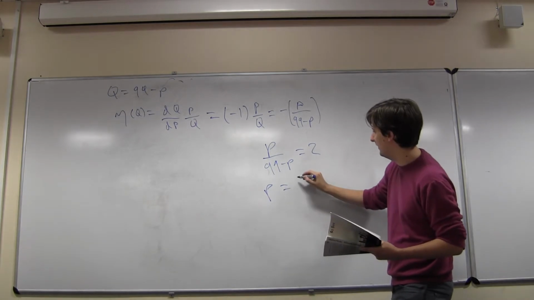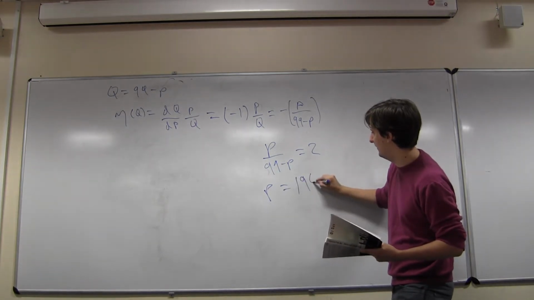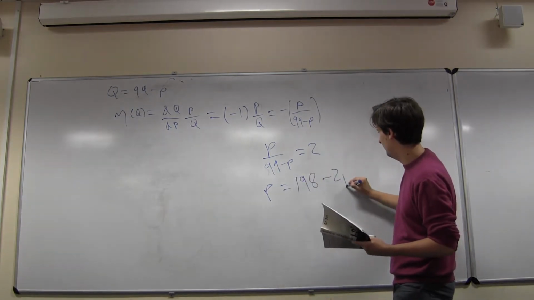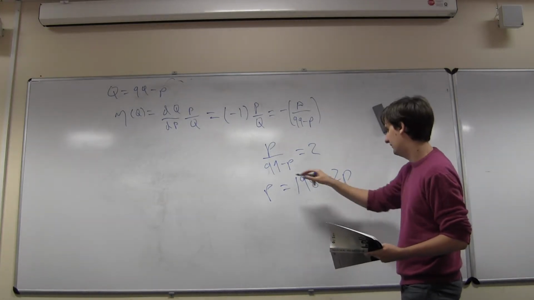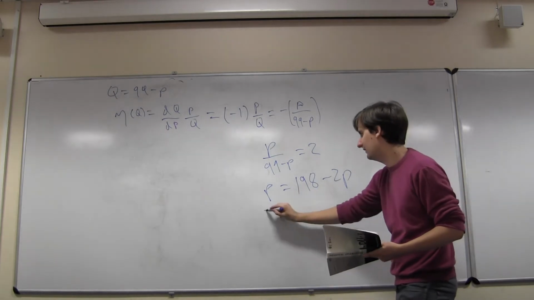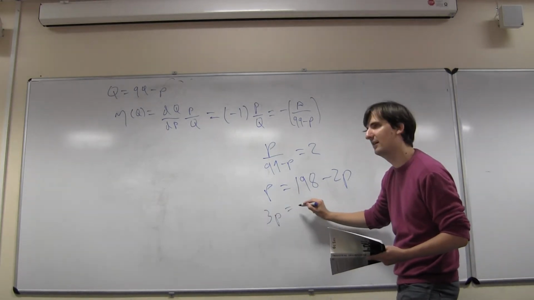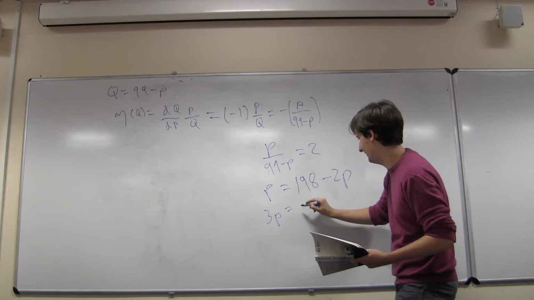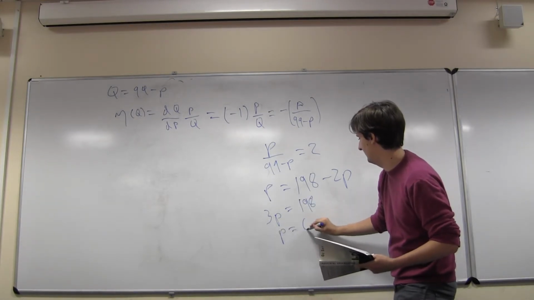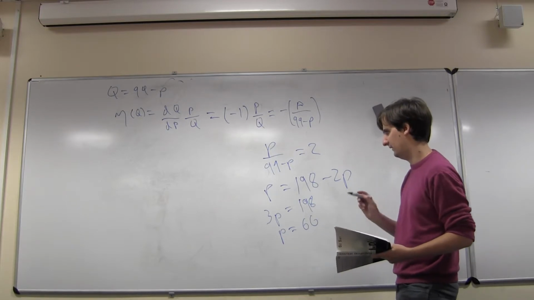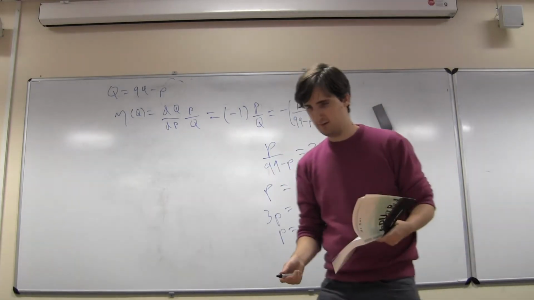So P is 2 times 99 minus 2P. Okay, so take 2P over to the other side. Very boring. 66. Okay, you're ahead of me. That makes sense, doesn't it? Good.